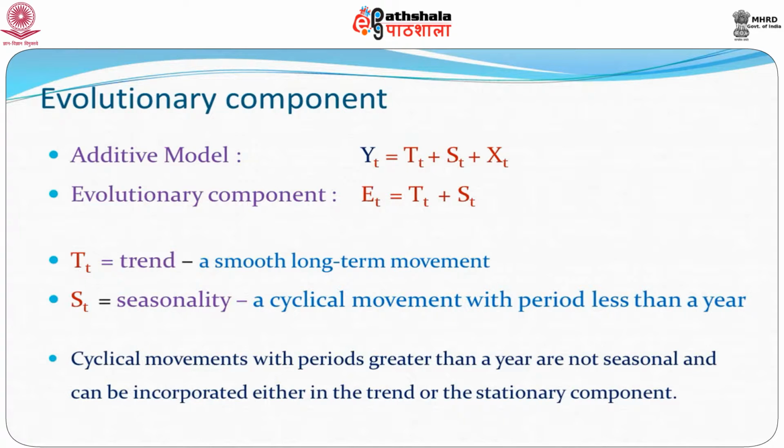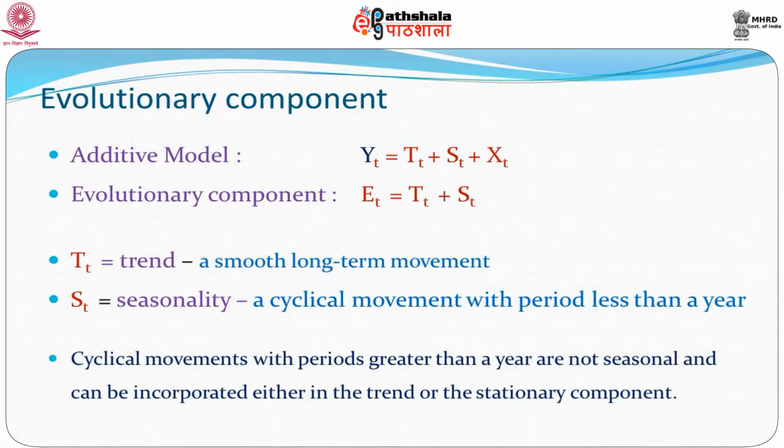We will be looking at a few more examples, but before that, let us explain one other movement that is often talked about in the classical model, and that is the cyclical component. Now, cyclical movements are movements which are like seasonality. Obviously, they are cyclical, but they have periods greater than a year, and hence we do not treat them as a seasonal component.